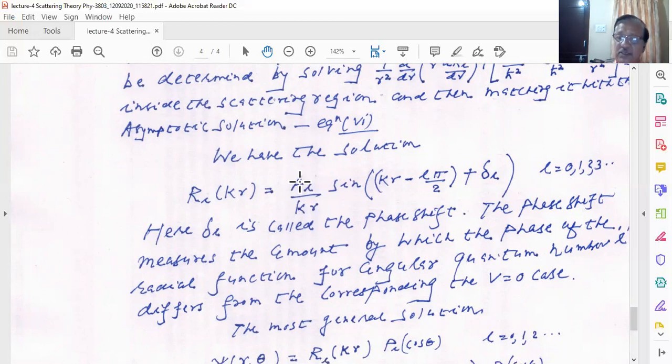So in the next lecture we will study the solution of the Schrodinger equation, and we will find the scattering amplitude and the phase shift delta L, which is produced because of the potential produced by the target particle. I'll stop here. Thank you very much.